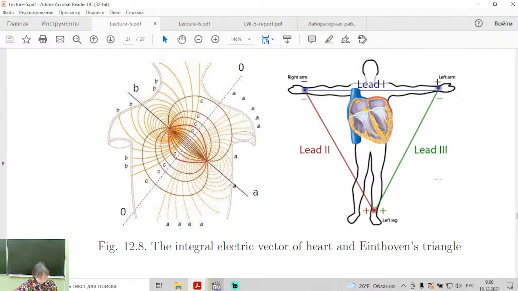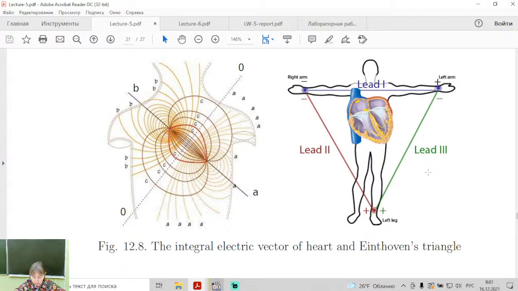The main postulates of Einthoven's theory are three. First, the electric field of the heart is represented as the electric field of the current dipole P, which is called the integral electric vector of the heart.